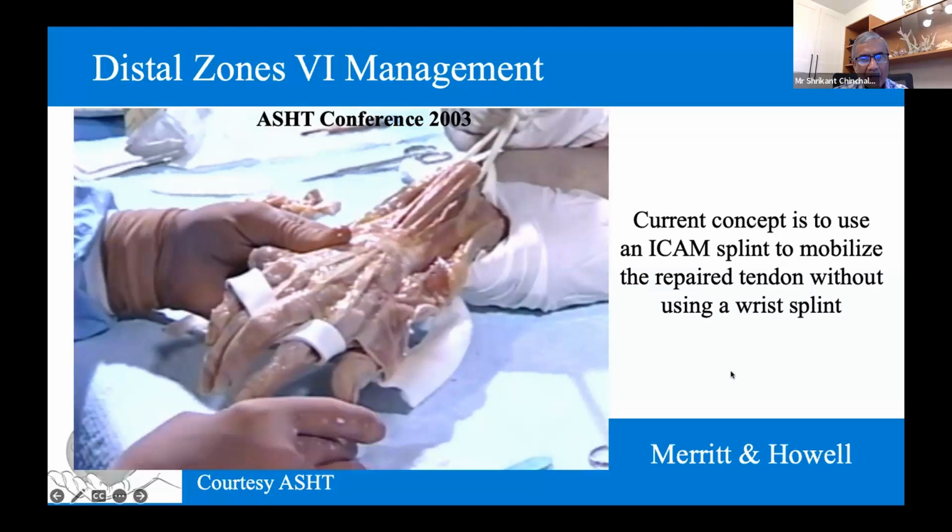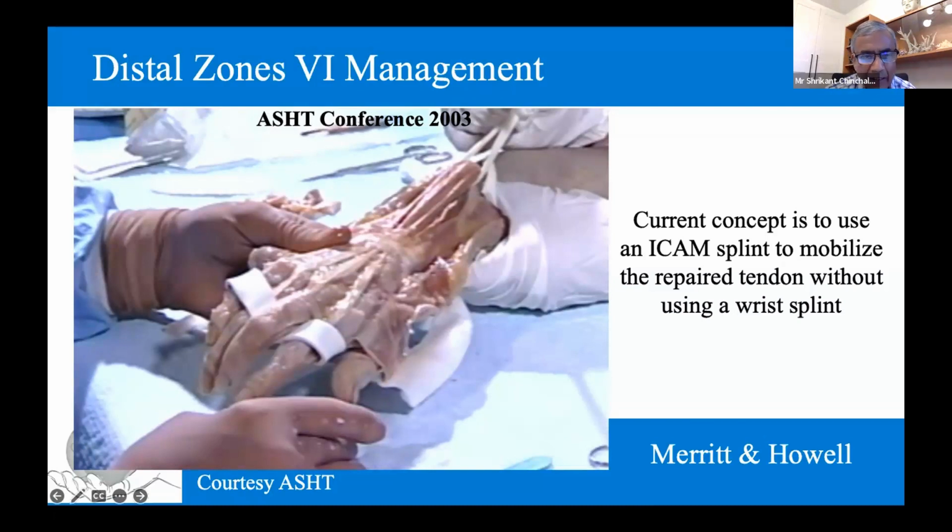Patients are often left with ICAM splint alone, not allowing these patients any wrist splint. This again raises a concern, because if you are not providing support to the wrist joint and allowing the patient to use the fingers with ICAM alone, then there is a likelihood of tendon ruptures.